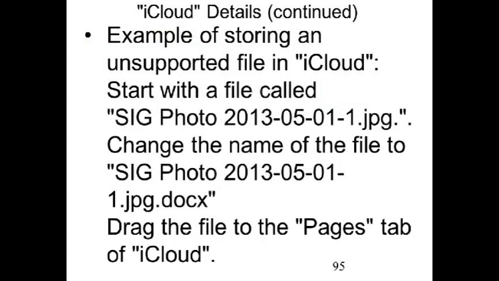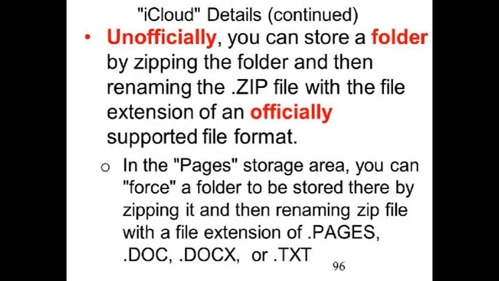I've got a file, a nice picture I took called sigphoto 2013 something.jpg. It's a photo I took at the last SIG meeting I attended at my users group. I want to store it up in iCloud. I changed it to 2013 something.jpg.docx.